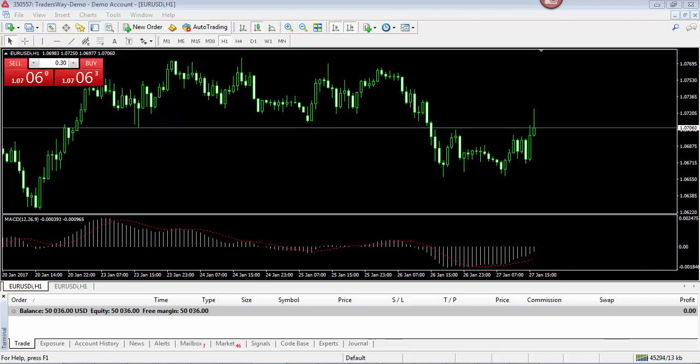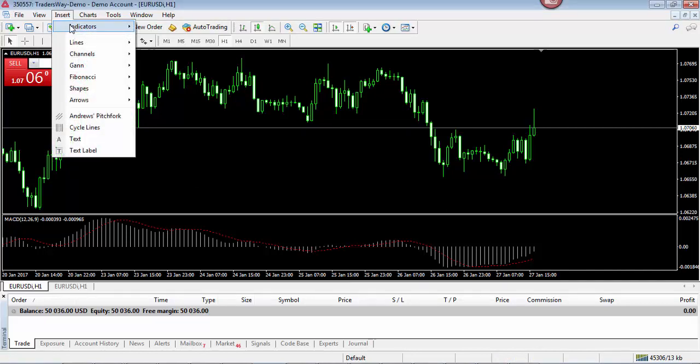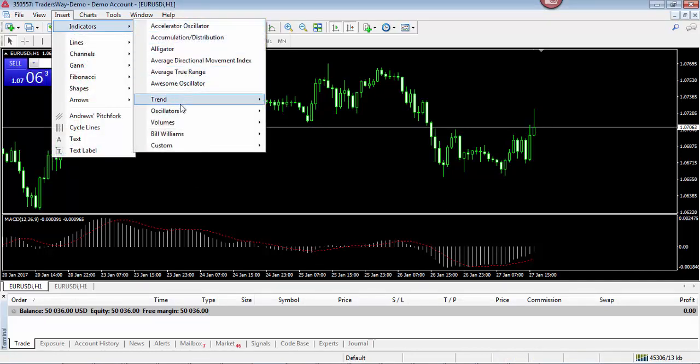So right now, you might be asking yourself, what does he mean by indicators? Well, I mean oscillators such as your RSI, your stochastic, your MACD, and so on. And we can find those indicators here by going to Insert, Indicators. We can scroll down to Trend.